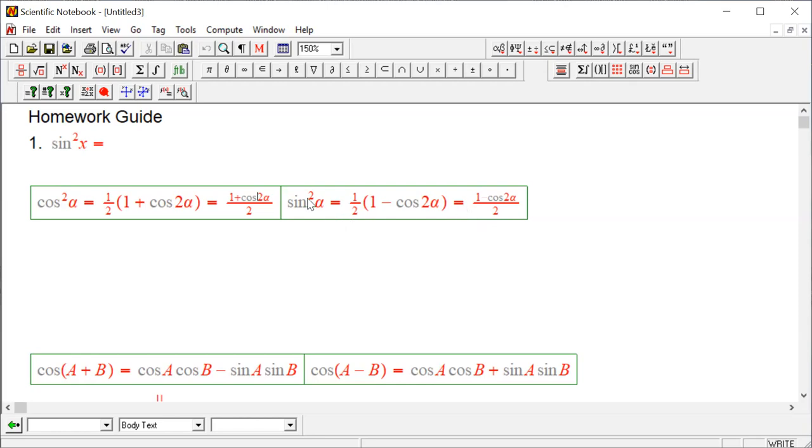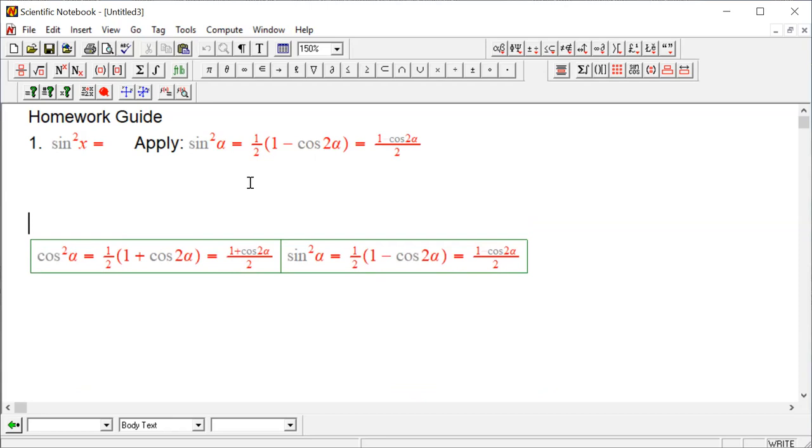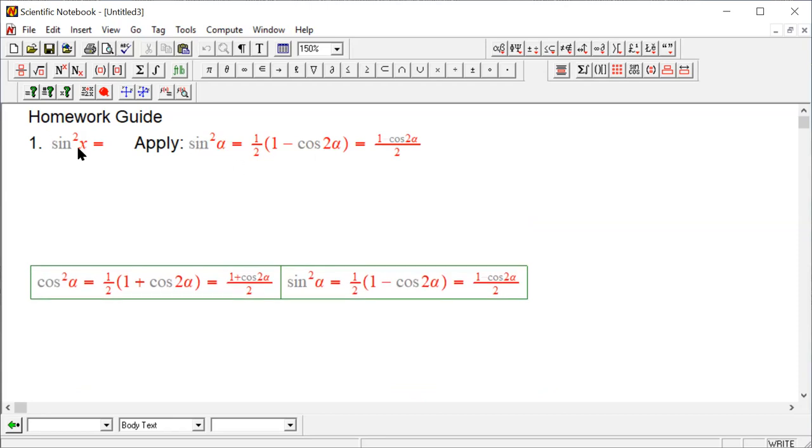So in this case, this formula would be relevant. So we apply this formula. And when applying this formula, of course, we have x here, and there we have alpha. So replace alpha by x. And we can use either one of the forms.